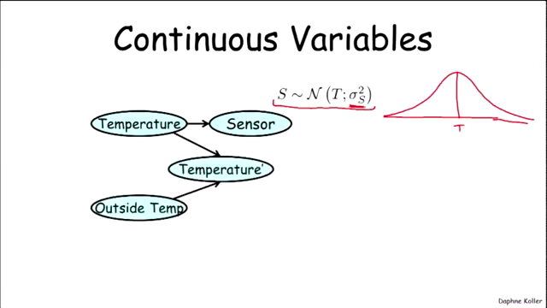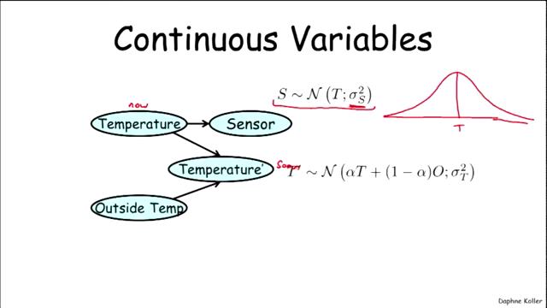Now let's make the situation a little bit more interesting. This is the temperature now, and this is the temperature soon. So we have T and T prime. Now, T prime, the temperature soon, depends on the current temperature, as well as on the outside temperature because of some equalization of temperatures from the inside to the outside. So what model might we have for T prime as a function of its two parents, the current temperature and the outside temperature?